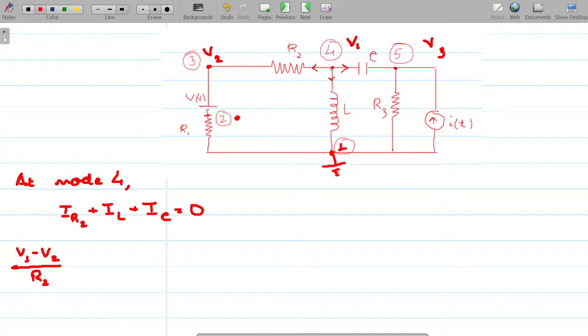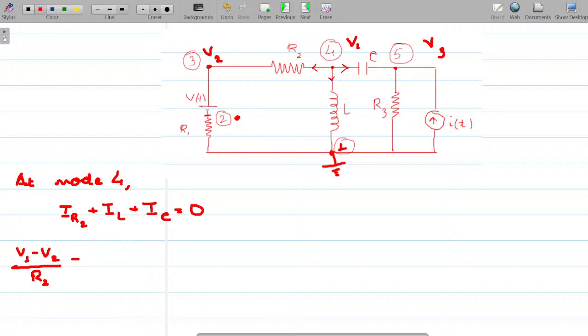The current is in this direction, so the potential difference would be V1 minus V2 and the resistance encountered is only R2. You need to be clear, this direction is taken here, so it is a leaving current, so we subtract V2 from V1, because the direction of current is taken to be this direction. All the currents are leaving, right?